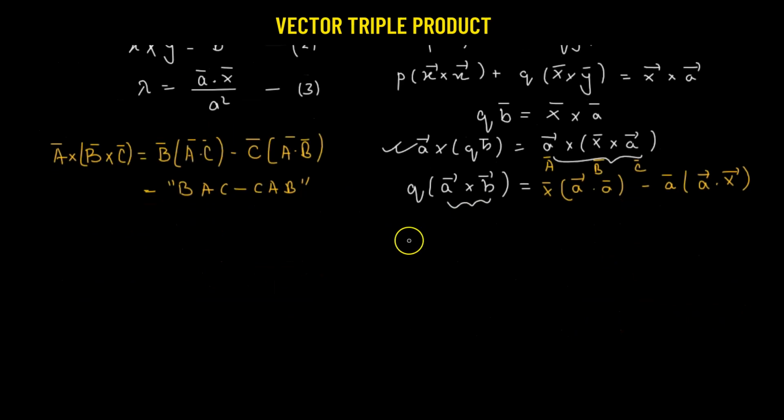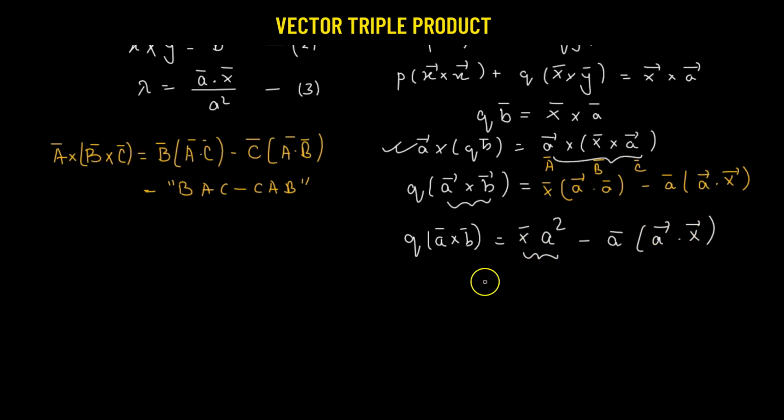So we have q times a cross b equals x times a dotted with a, that's simply a squared, minus a vector multiplied by a dotted with x vector. From here we can isolate x vector times a squared, which equals a vector times a dotted with x vector plus q times a cross b. Now we divide both sides by a squared.